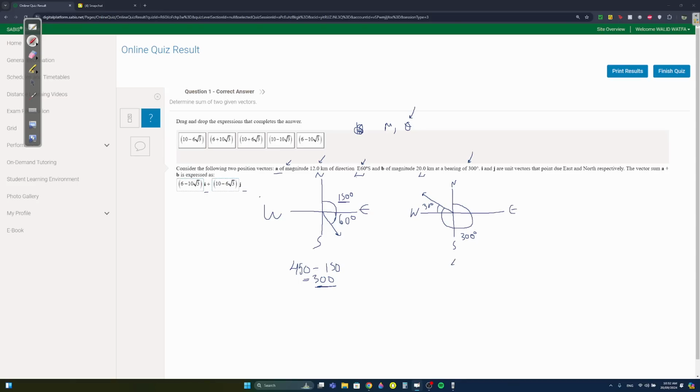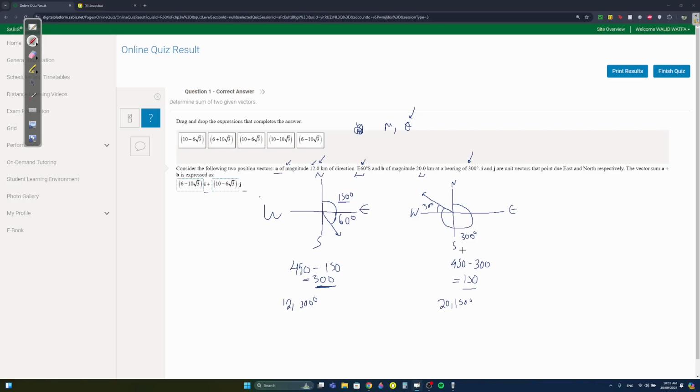Over here our bearing is 300, so we do the same thing: 450 minus 300 equals 150. If you do this in your written part, it's completely correct to do 450 minus bearing. So we have 12 with angle 300, and 20 with angle 150.